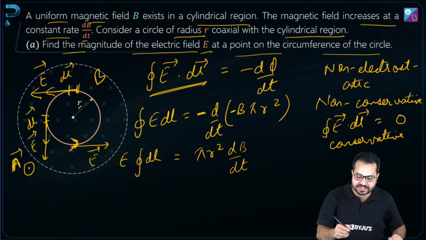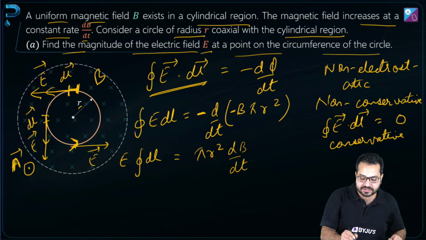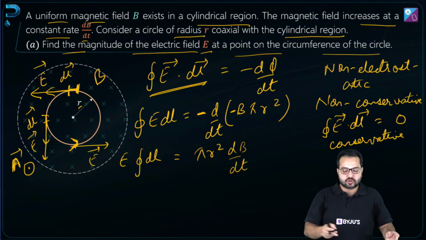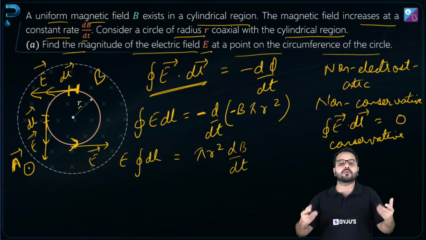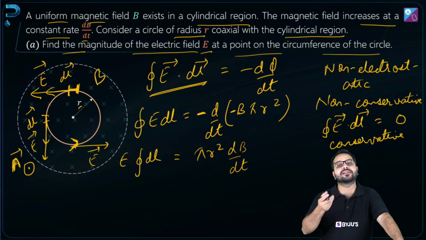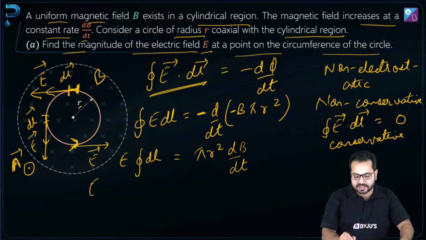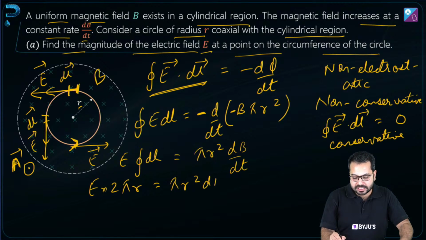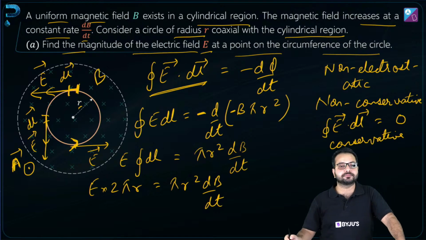Now what is dl? Remember, this is not the dl vector, this is only the length dl. If I add all these lengths, what am I going to get? I'm going to get the circumference. So this is going to become E into 2πr is equal to πr² dB/dt. Correct?